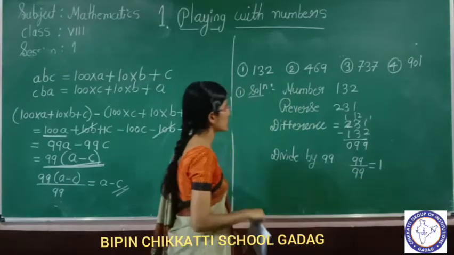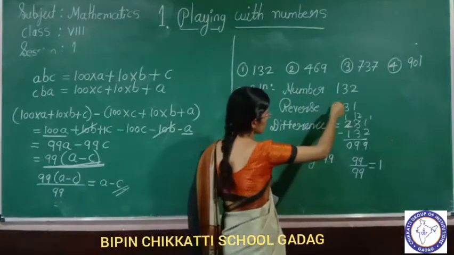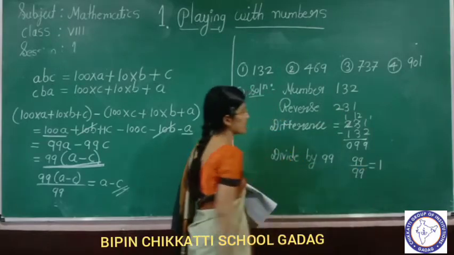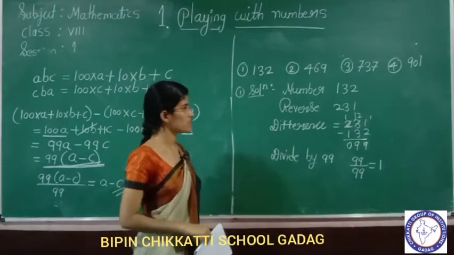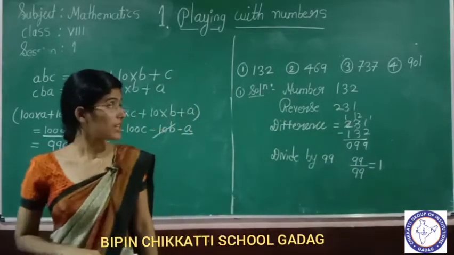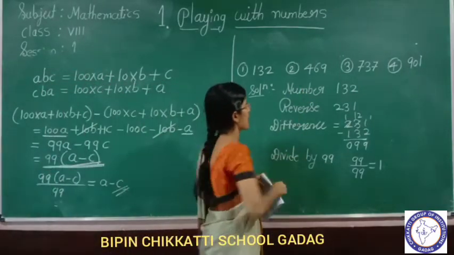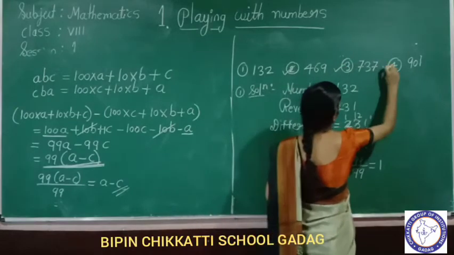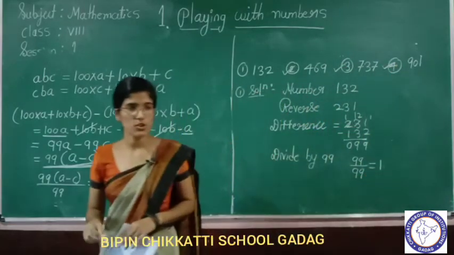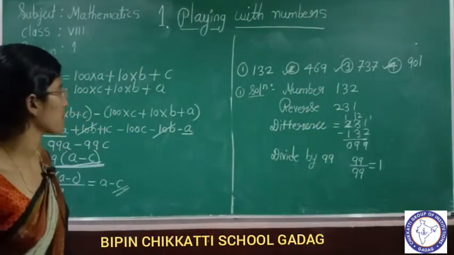How is the quotient 1? See here, 2 minus 1 is 1. Yes or no? 2 minus 1 is 1. See here, the next problems, second one, third one, fourth one, you do as homework. I think definitely you will solve this.